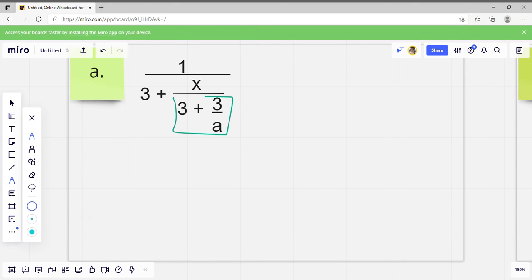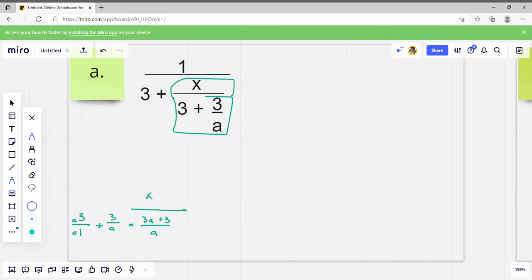Alright, so we're going to have 3 over 1 plus 3 over A. So that means I got to multiply those times A. So I'm going to get 3A plus 3 over A. Okay, now I'm going to include this X on the top.